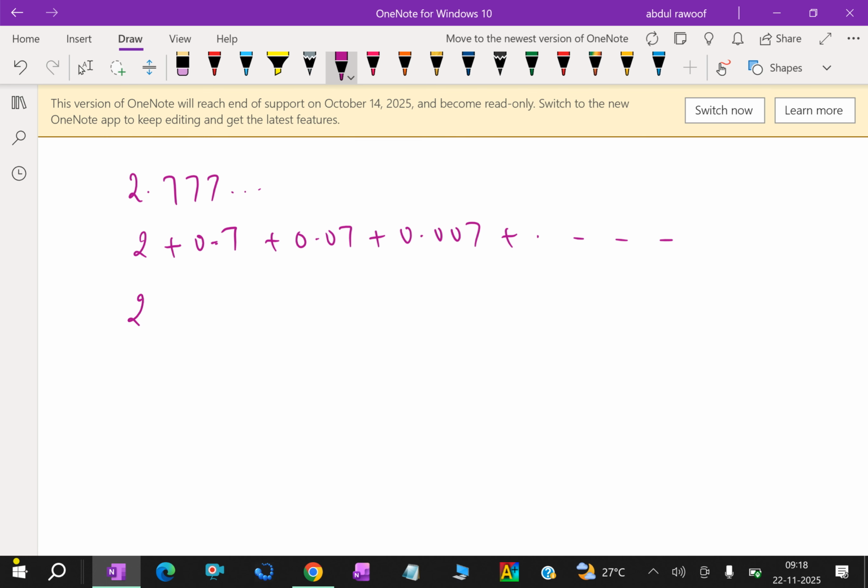So 2 plus, here 0.7 can be written as 7 by 10, 7 by 100, 7 by 1000, it goes.